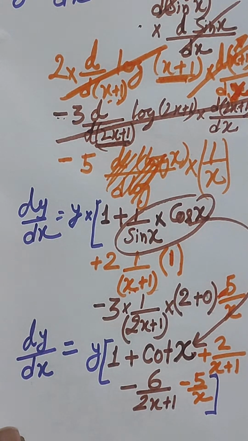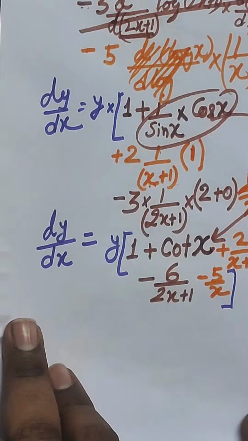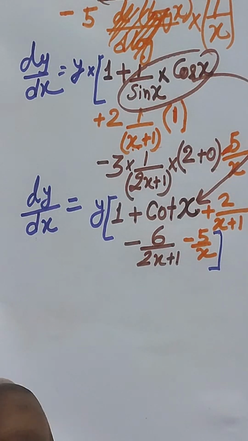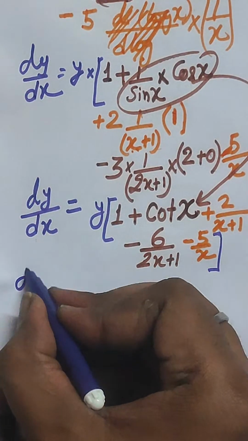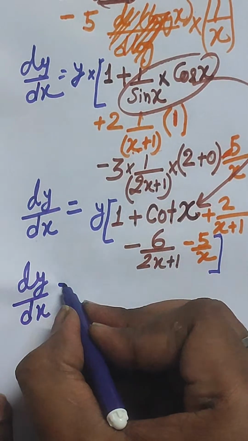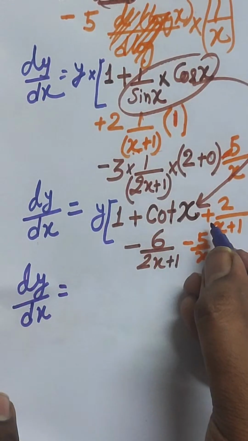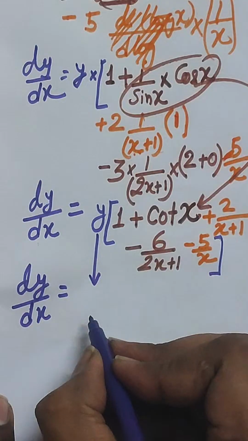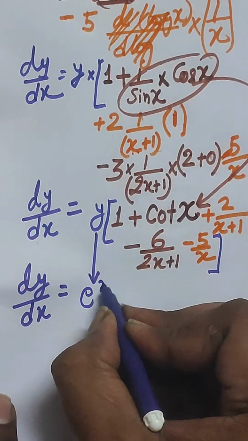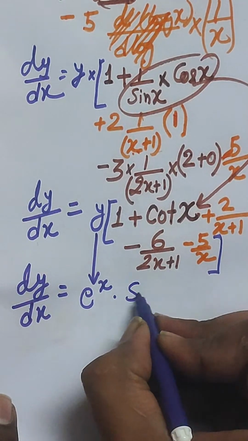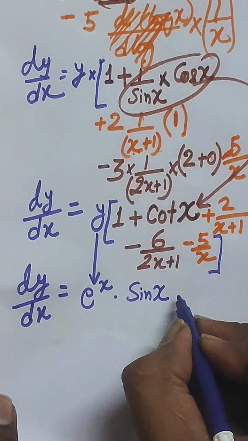So from this point we can say that dy by dx is equal to y times, what is y? Y is nothing but the same function which was asked in the question, e power x times sin x, which we have taken.